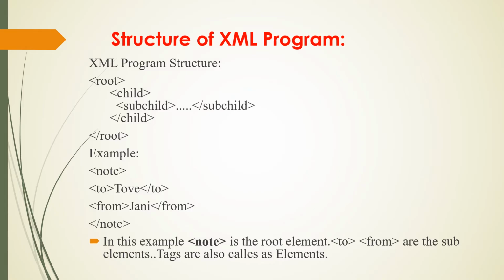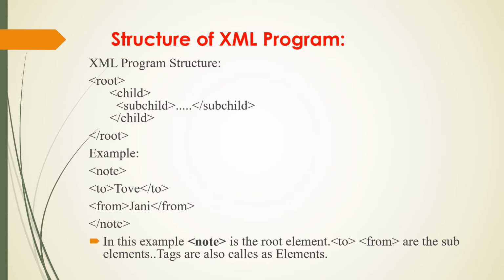Let's see the structure of an XML program. An XML program starts with the XML prologue line, followed by the root tag. The root tag contains child tags and child tags contain subchild tags. For example, here note is the root tag.